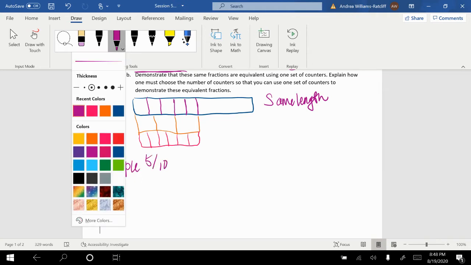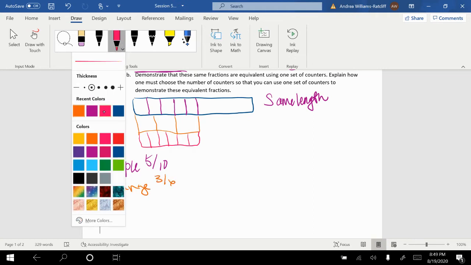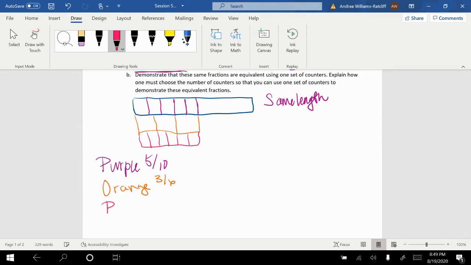Okay, so if we go back to our orange, we know it has to be showing us 3/6 if the blue is the whole. And if we go to pink, that has to be displaying 6/12.